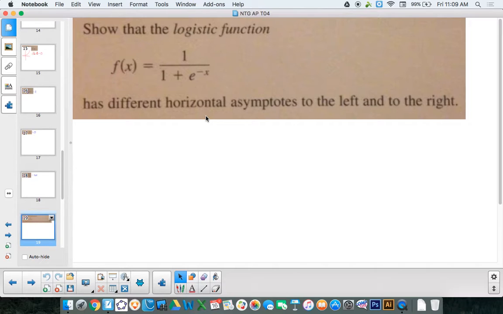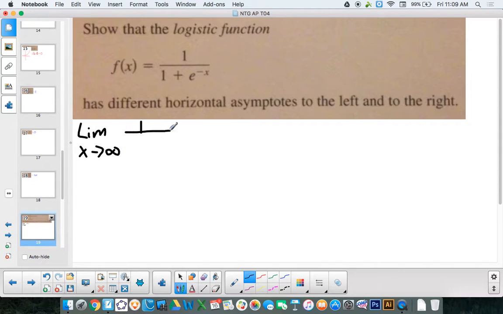Show that f of x equals 1 over 1 plus e to the negative x has different horizontal asymptotes to the left and to the right. So we'll start by doing the right. We'll do the limit as x approaches infinity of 1 over 1 plus e to the negative x.